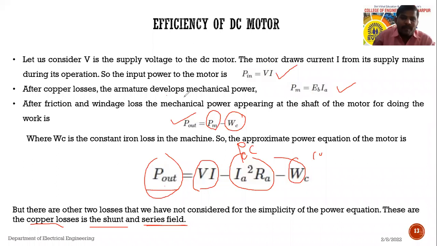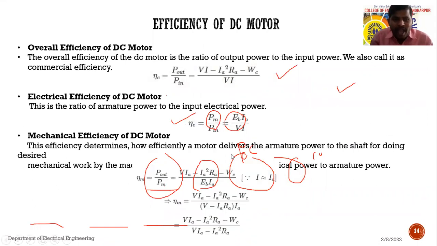So this is the power equation related to the DC motor. It is useful while calculating the efficiency. According to this equation, we are able to define the formula for efficiency, and the types of efficiency. Do you know that there are three types of efficiency?